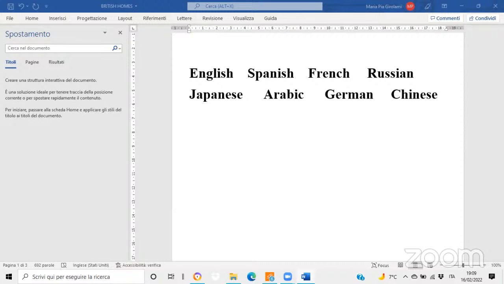I agree with you only in part, because I think that English is a quite difficult language. If I suggested to someone to learn another language, I'd say Spanish, because I think that for Italian people, Spanish is easier than English, because it is quite similar to Italian. What about you?